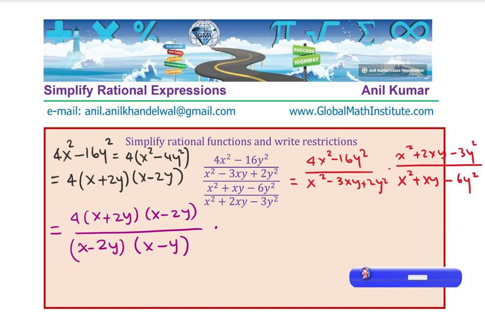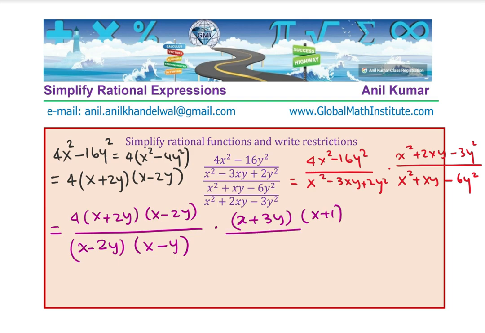And the other factor in this case, we have minus 3y squared, right? Not 2, but 3y squared. So 3 times 1, right? But 3 is positive, so that will be x plus 3y times x plus y, correct?